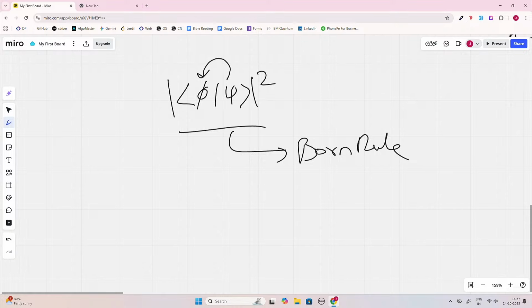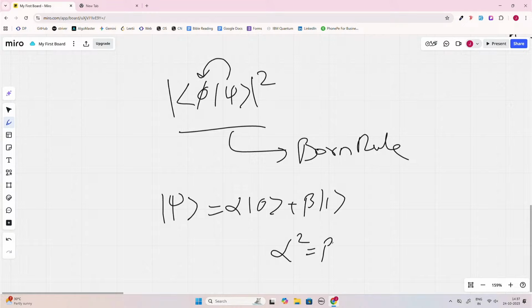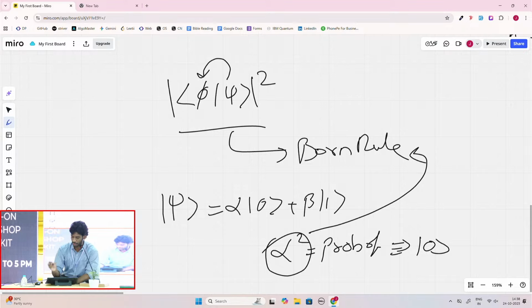So when I defined this, I said alpha square equals the probability of the state falling into zero. Remember, alpha square is the probability of the state falling into zero after I measure it. This thing was not there before. The Born rule came into play, and that is why this came into play.